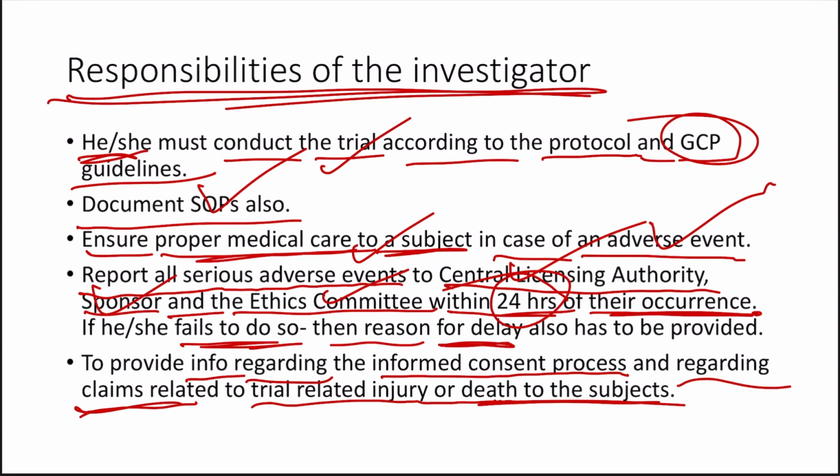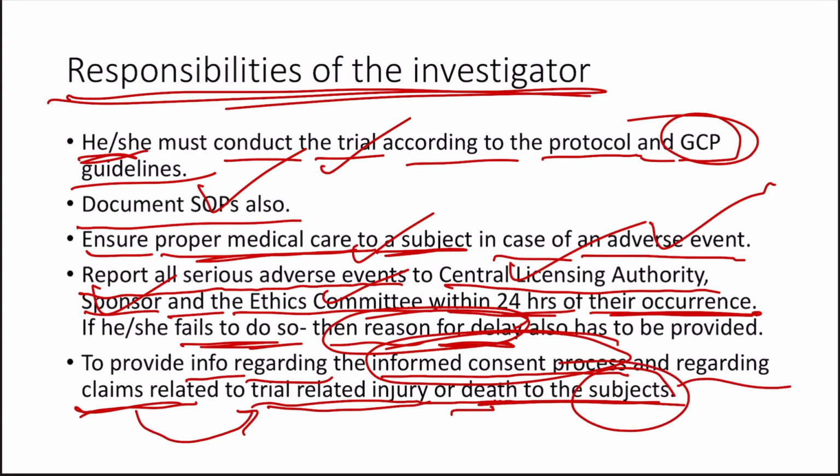And if they fail to do so, then they have to provide the reason for delay also. Next, they also have to provide information regarding the informed consent process, and information regarding the claims that have to be made following trial related injury or death to the participants, that is the subjects.